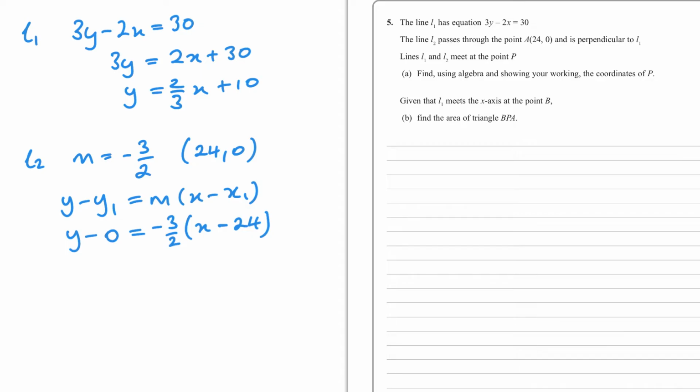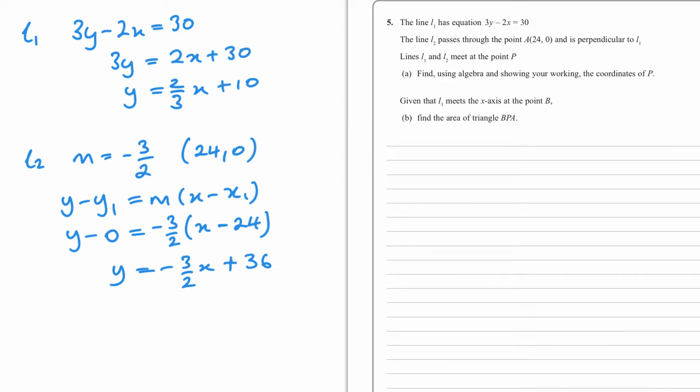But in this case, as we are going to be looking at where they meet, it's easier to leave it in the terms of y equals mx plus c. So y equals -3/2 x plus 36. And that there is my equation for L2.